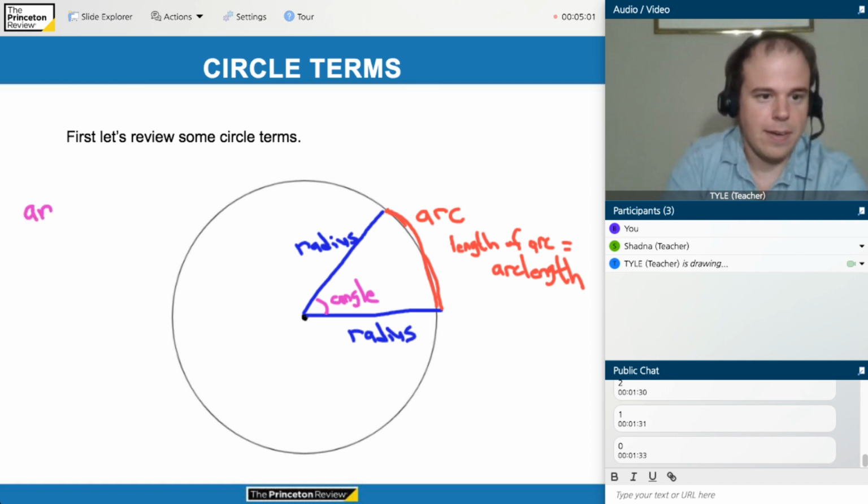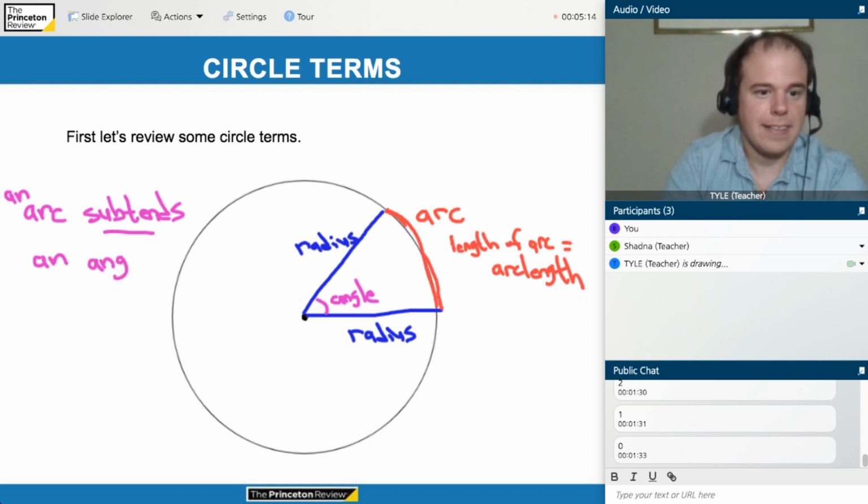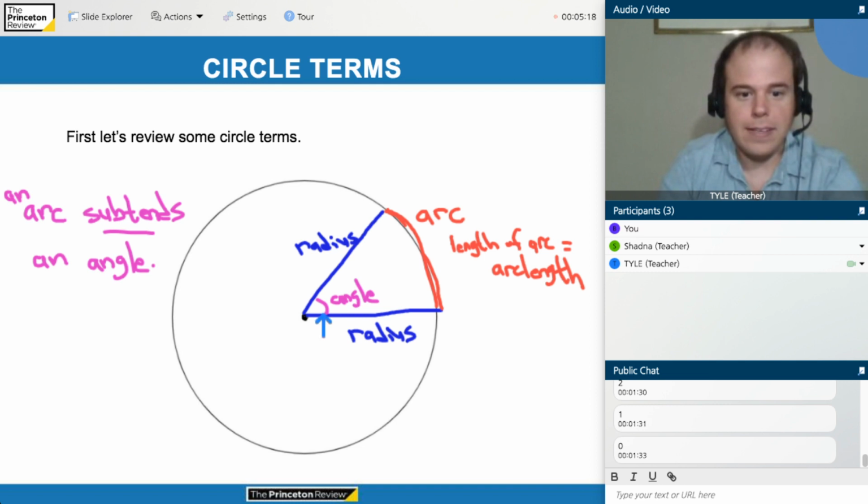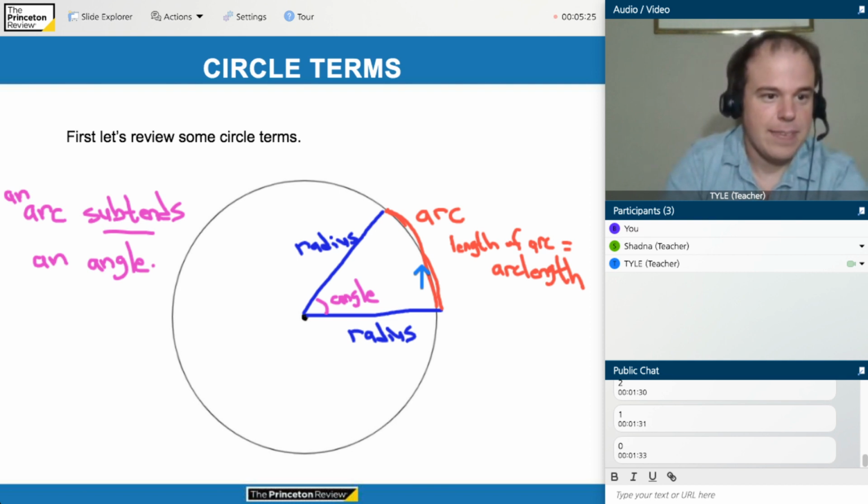So we can write: an arc subtends an angle. In this case, the purple angle inside the two radii is subtended by this red arc. Just a term you may hear.